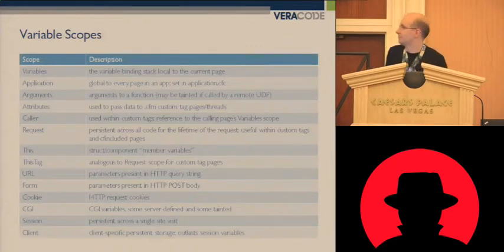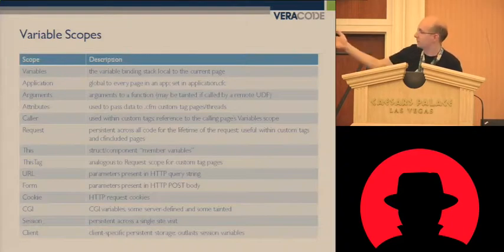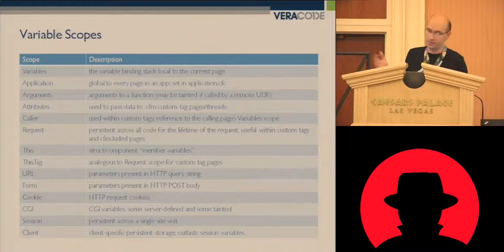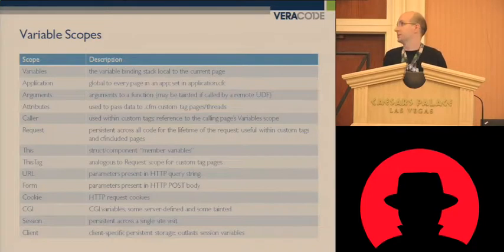So here's a list of all of the different variable scopes. I'm not going to go through all of these. The typical ones are here: GET variables, POST variables, cookies, files. There's session data, which you can read and write to. There's application data. There's request, which is not like request in PHP.